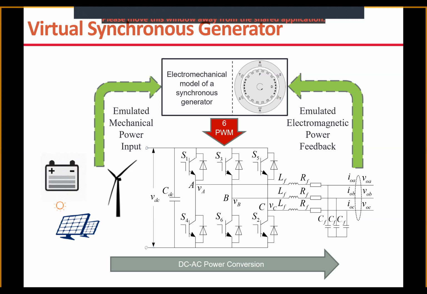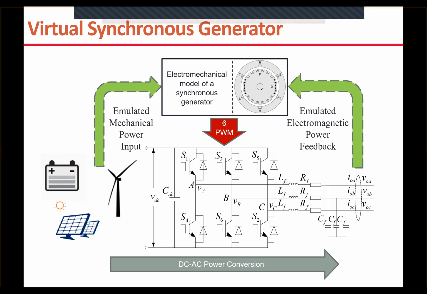In this case, we just calculate it based on the output voltage and current of the power converter, and that is your electromagnetic power for the swing equation.